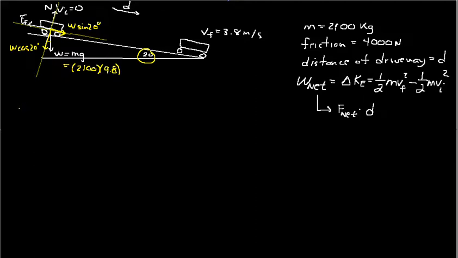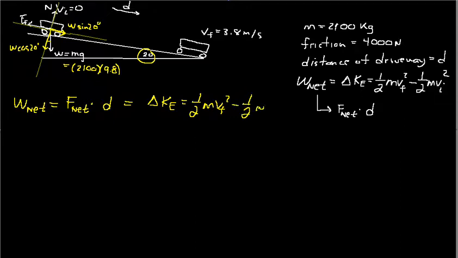So looking at this, we find that the net work done is equal to the net force down the ramp times the displacement down the ramp, which is going to be the change in the kinetic energy: 1/2 mv final squared minus 1/2 mv initial squared.